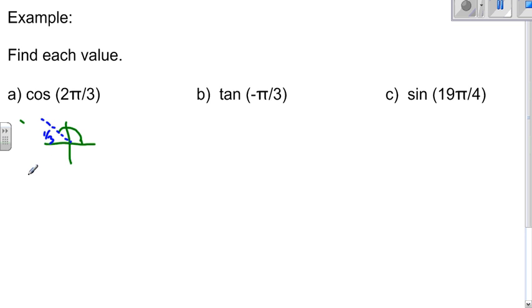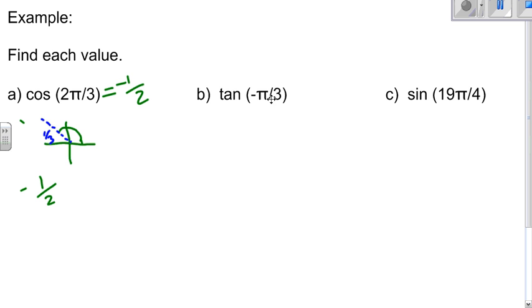Cosine goes first. So we can use the fact that cosine of pi over 3 is 1/2. Now since in quadrant 2 cosine will be negative because it's the x value and that's negative, cosine of 2 pi over 3 will be negative 1/2.